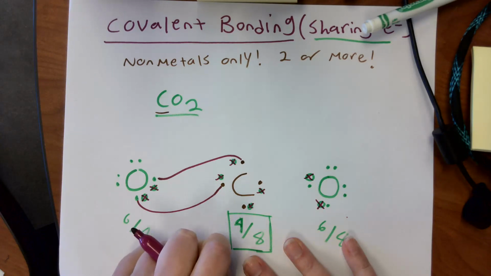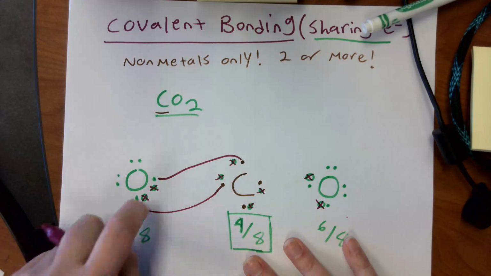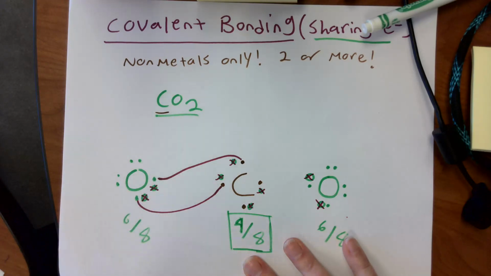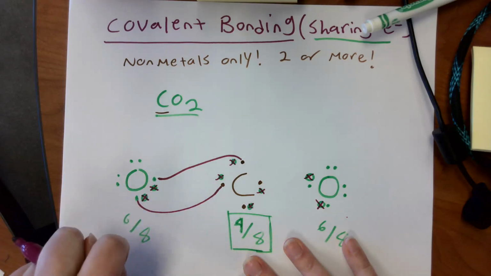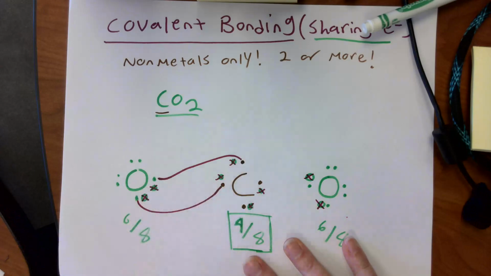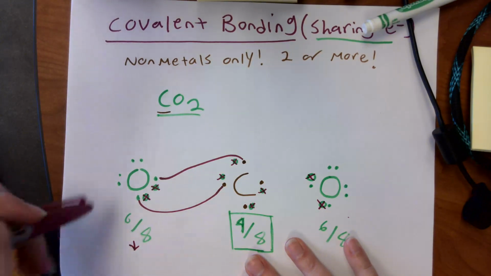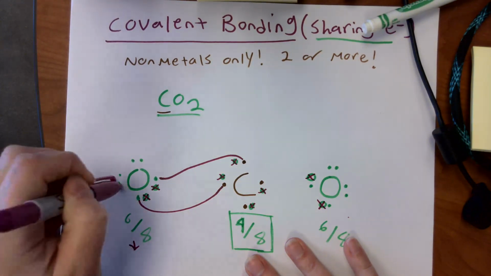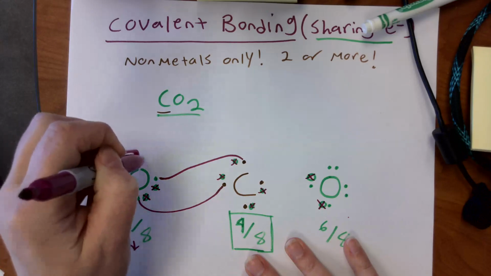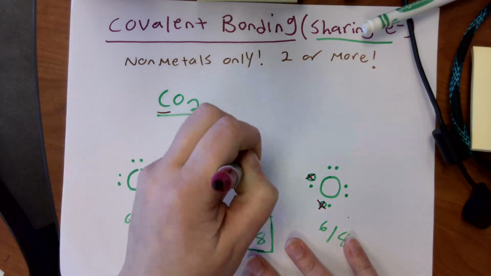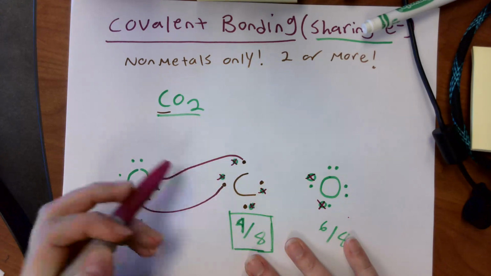If it does this, carbon gains access to 2 more electrons, and oxygen as well gains access to these 2 electrons, which means oxygen now has access to a total of 1, 2, 3, 4, 5, 6, 7, 8 electrons.